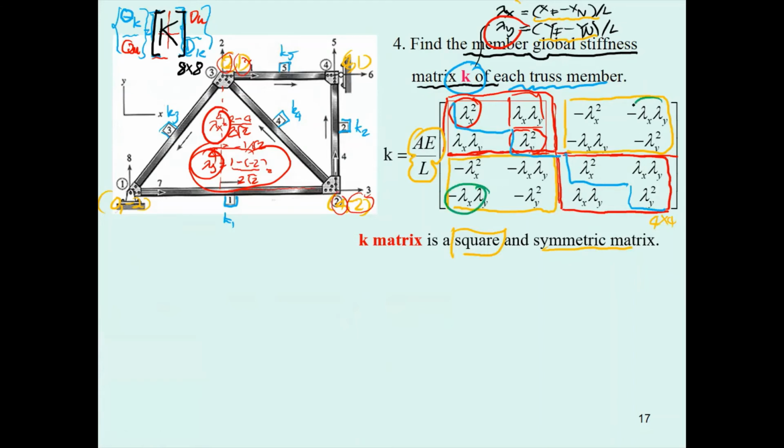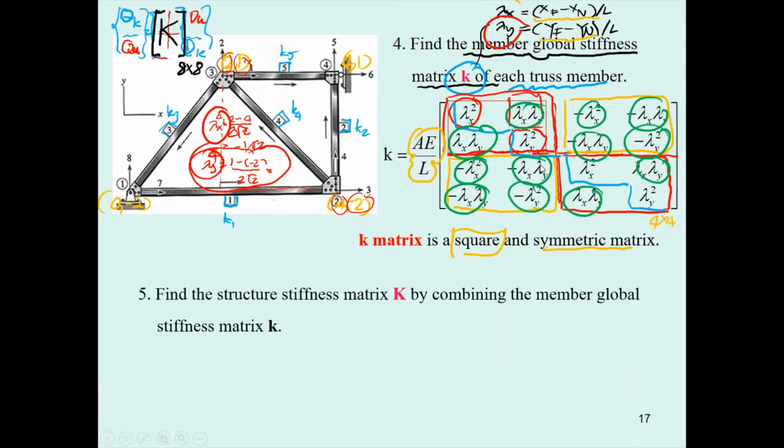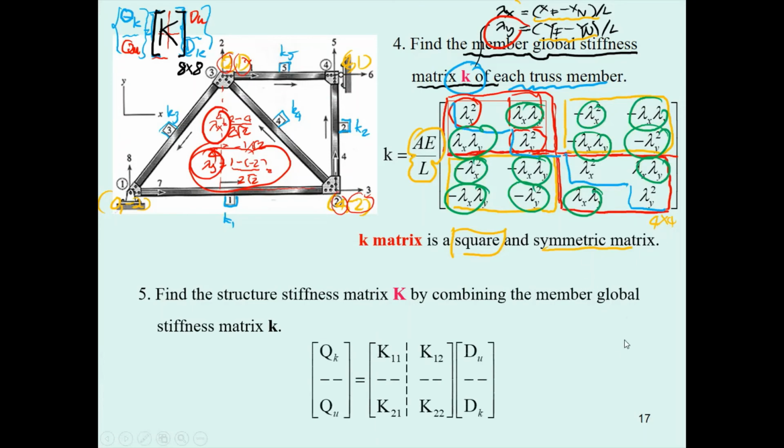This member and this one are going to be the same, and this one and this one, across the diagonal. And then we will combine small k1 to k5 into the capital K, and then you get this matrix as I explained to you before.